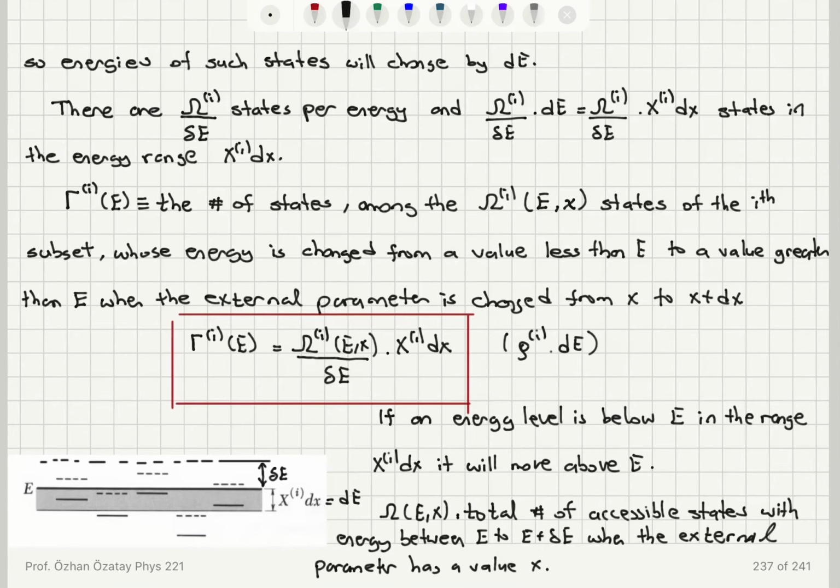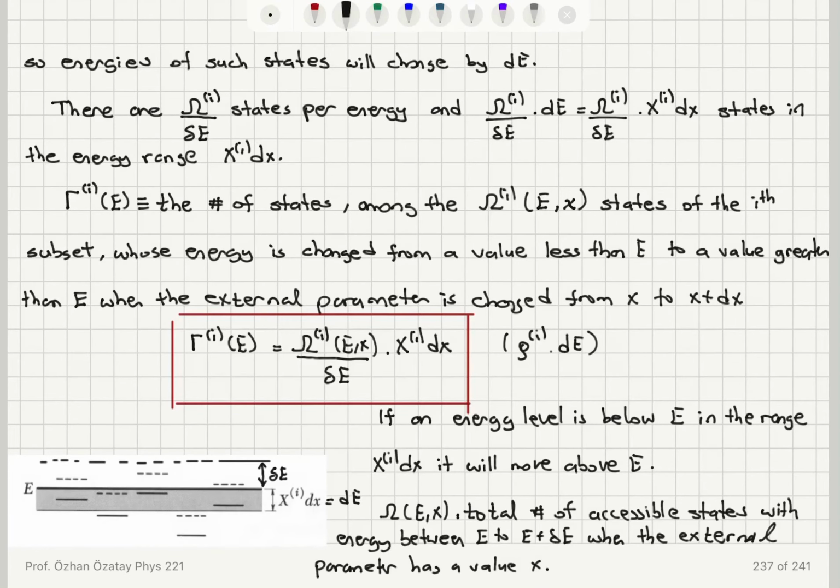Now, those states whose energy levels will be shifting up by xi dx, dividing by the energy interval delta E, we find the number of states per energy that are behaving in this manner, and when we multiply it by dE, we get the number of states in the range xi dx.